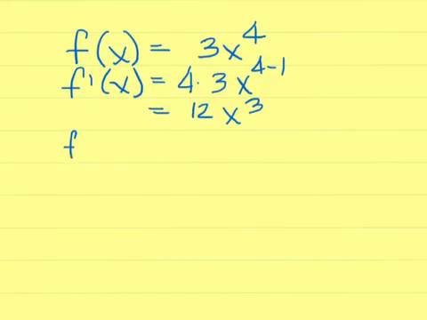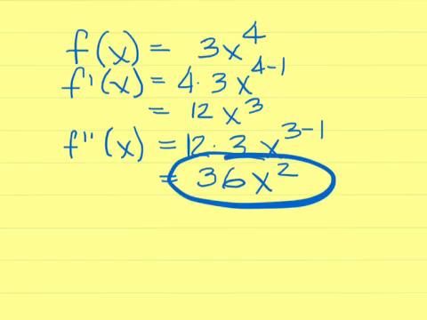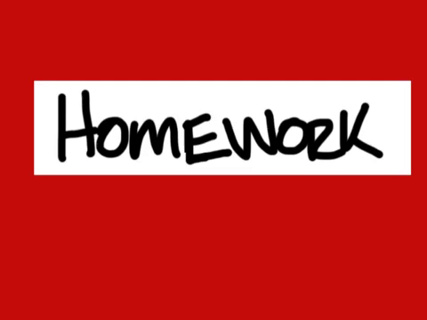And then to find the second derivative, you'll keep your 12 where it's at, move the 3 down, and then it becomes x to the 3 minus 1 power, which would be 36x to the second.